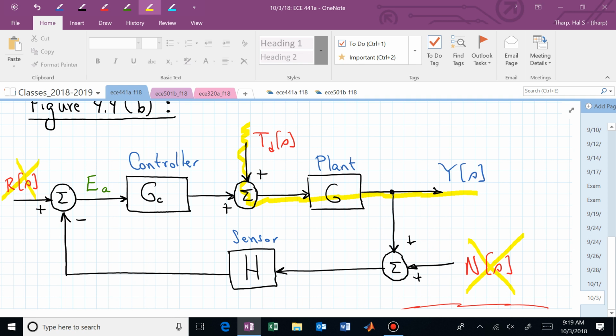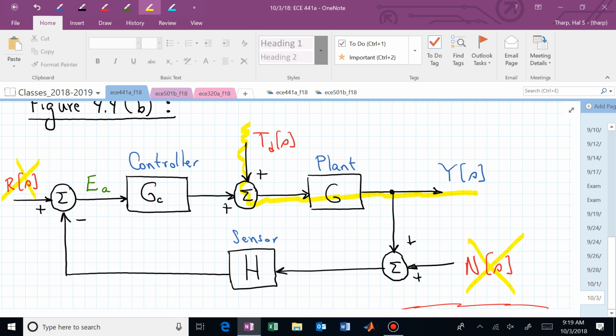How do I get from here back to the output? Do I follow a path? We need to worry about paths and what? Hopefully I won't just keep looping, although if you would just follow me from Monday and Wednesday, eventually I do loop back here, but I probably cross myself, don't I? So that's not a loop. We need paths and loops for Mason's gain.